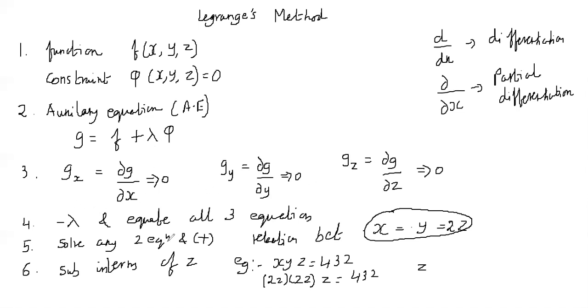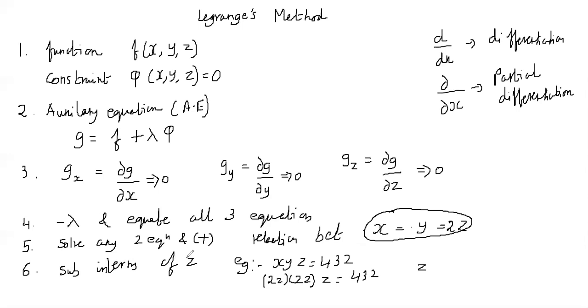and equate to 0, find the value of minus lambda, equate all the three equations, take any two equations, solve, and get some relation between two unknowns. Again take another two equations and find another relation, and finally get x as something in terms of y and z.